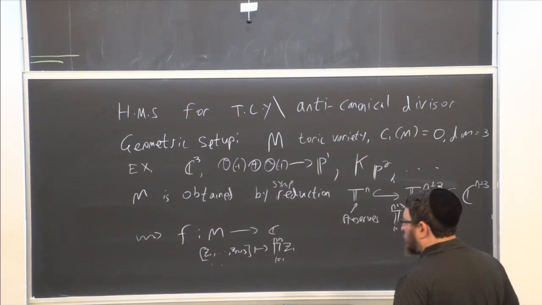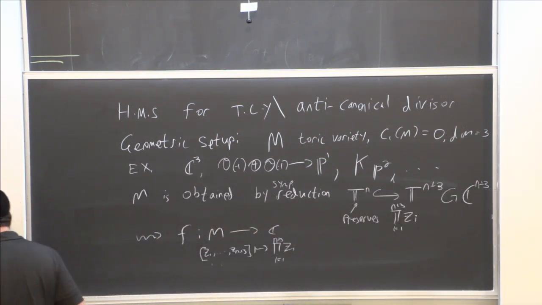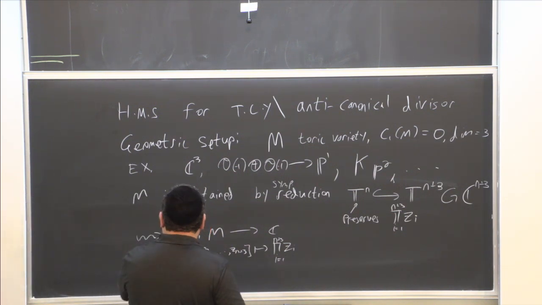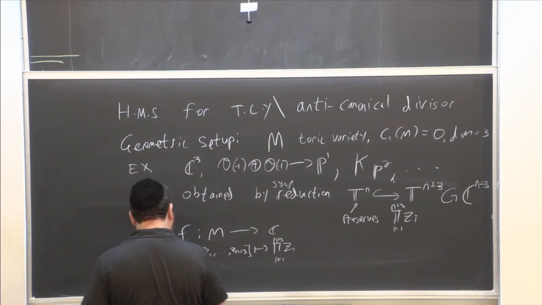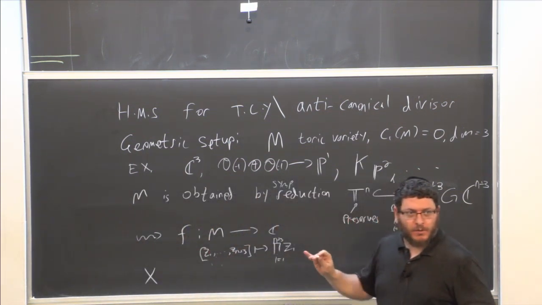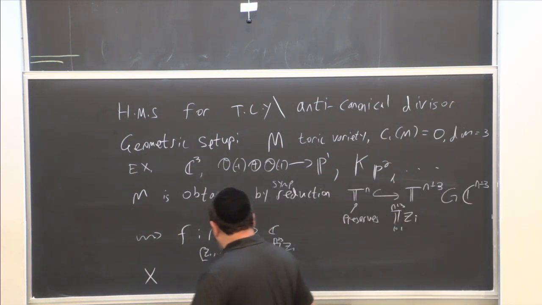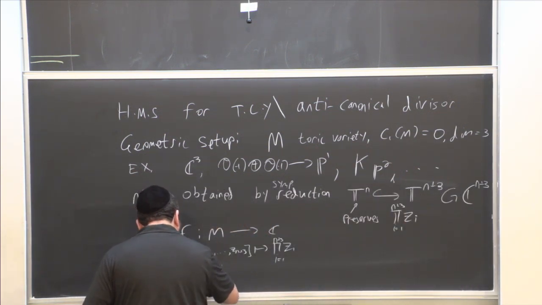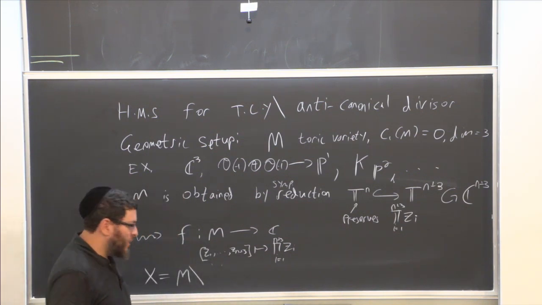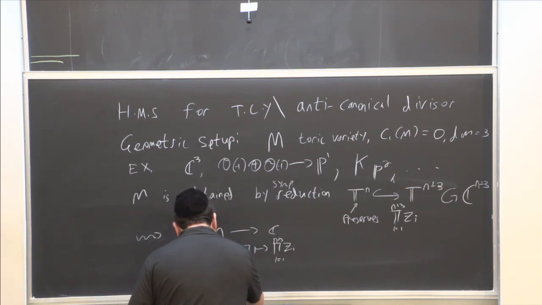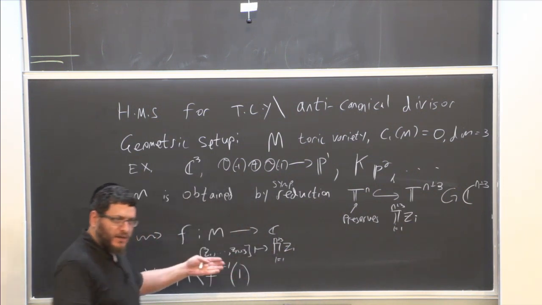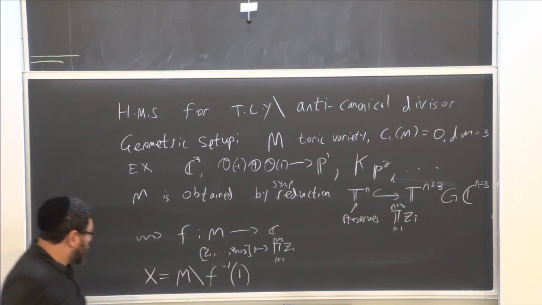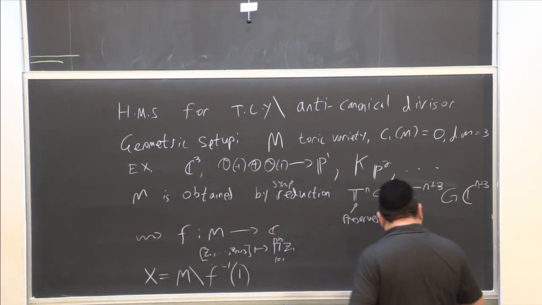Let me draw a picture. The manifolds we will be considering, for which we will actually discuss homological mirror symmetry, are obtained as follows: we take this manifold M and we remove an anti-canonical divisor, say f, the pre-image of 1 or any constant under this function.